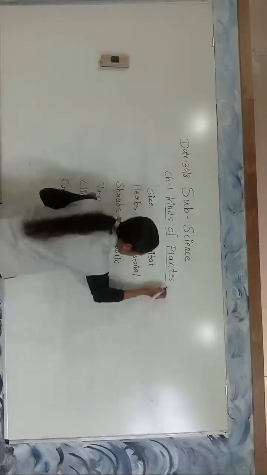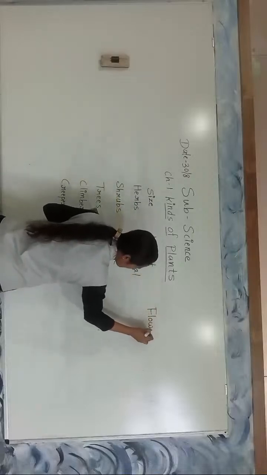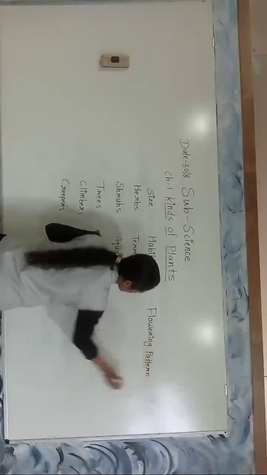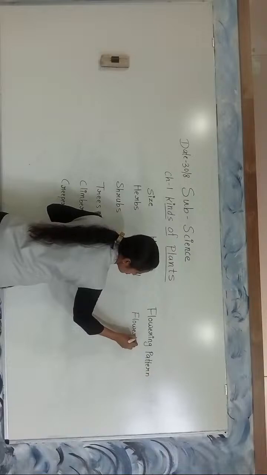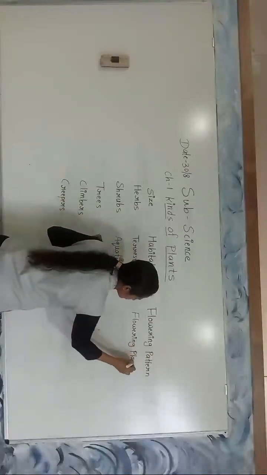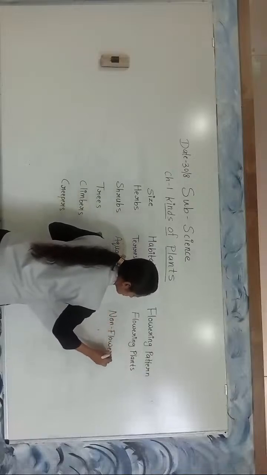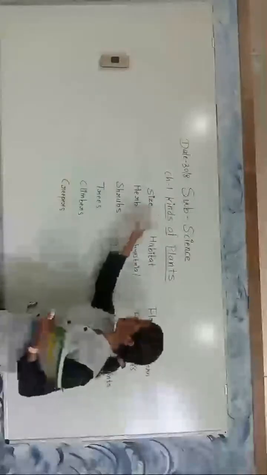According to their flowering pattern: flowering plants and non-flowering plants. So remember all these names and types of plants based on the size, habitat, flowering pattern, and the examples.